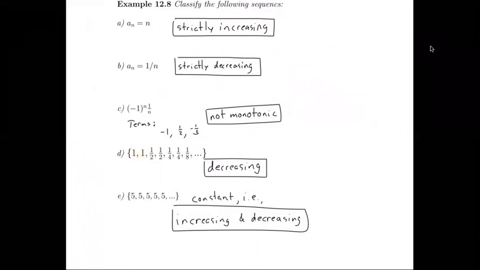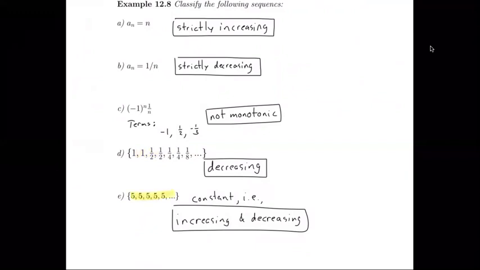And then again, we'll decrease from 1/2 to 1/4. But we don't strictly decrease because between some of these, we can have an equal sign. So the most appropriate fitting sign between here is less than or equal to. So this is a decreasing sequence, not strictly decreasing, just decreasing.